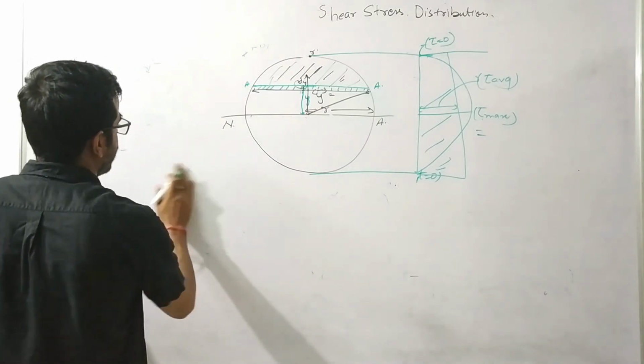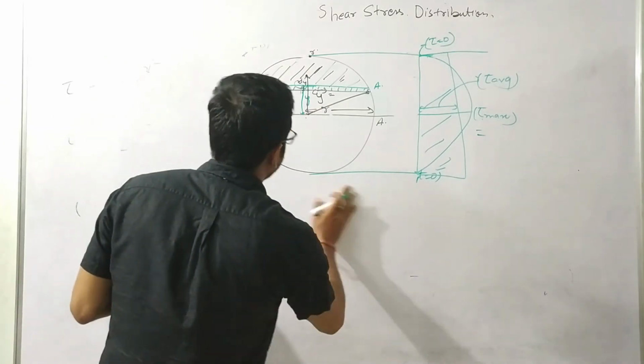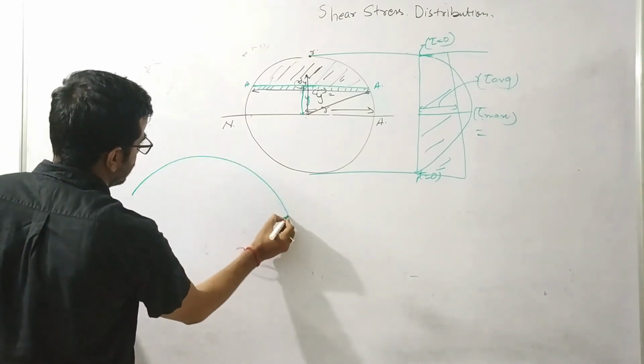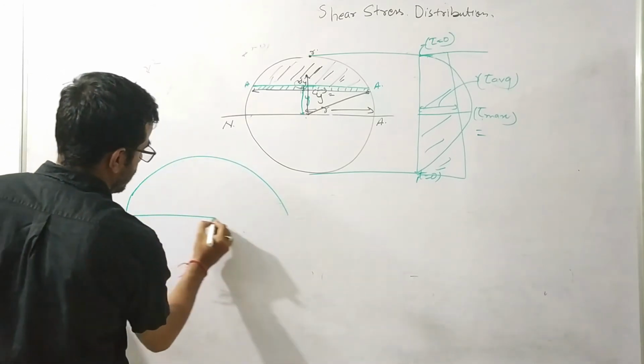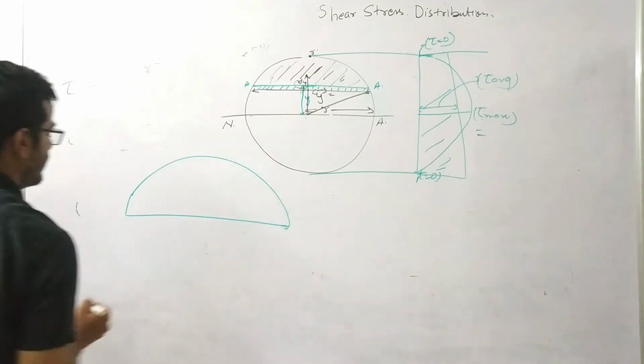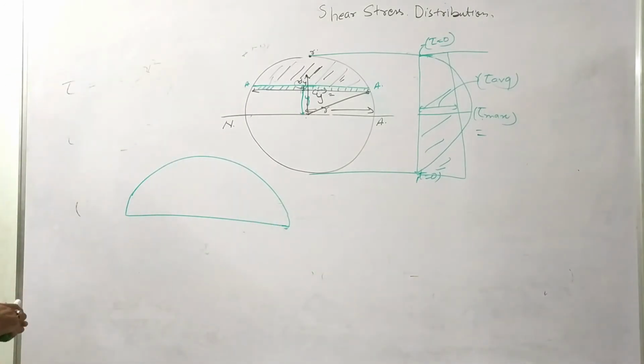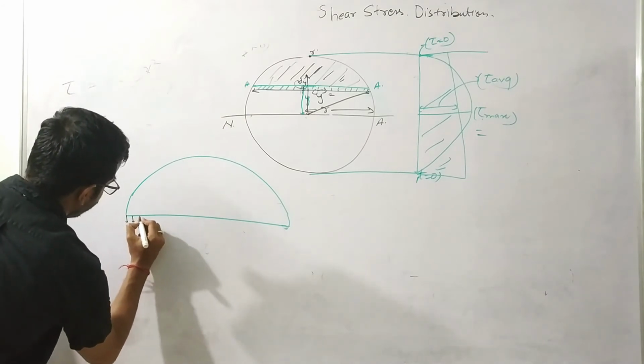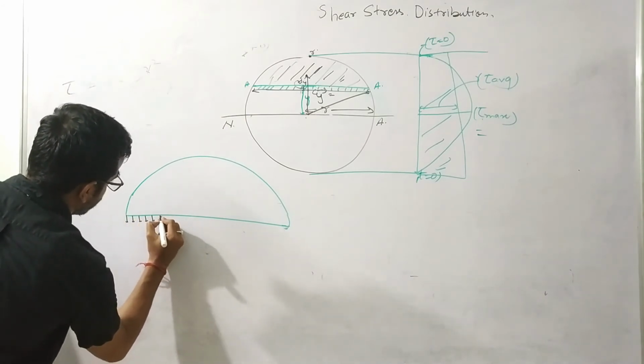At the neutral axis, see it carefully. If this is the curve and this is the neutral axis, my shear stress distribution will look like this.